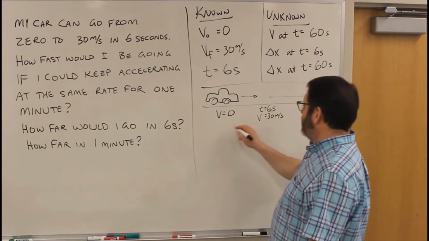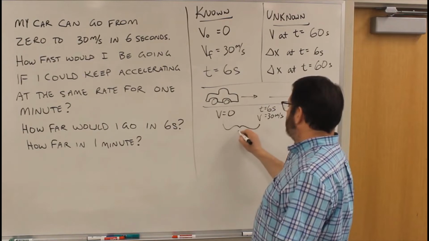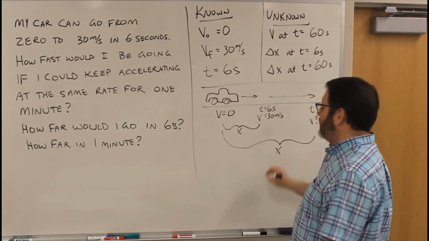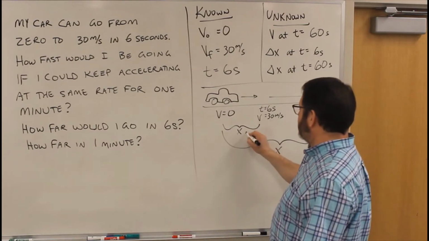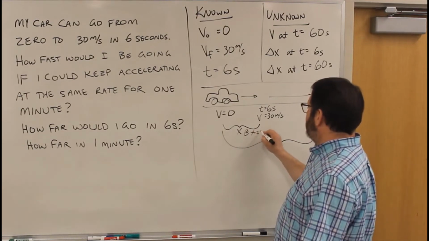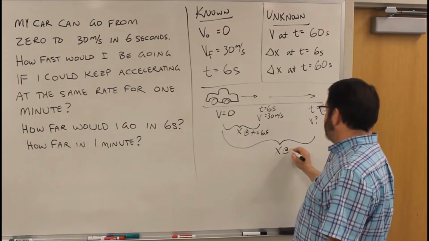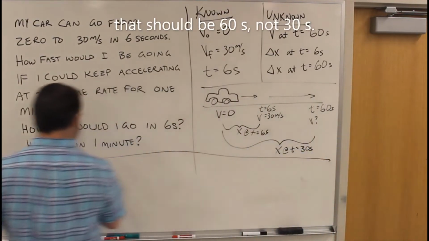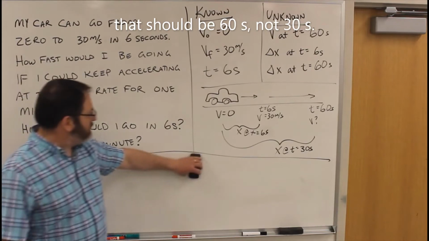I'm looking for this X, and I'm looking for this X. So I'll call this X at T equals 6 seconds, X at T equals 60 seconds. All right. So now I've got a picture.